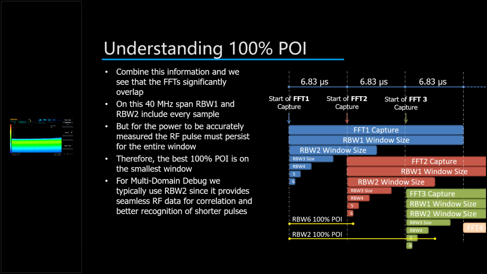Now, we're going to be looking at pulses down as low as a couple of microseconds here, so they're not necessarily going to be accurately measured in power. But in this kind of debugging, that's not what we're trying to accomplish. What we're trying to do is make sure we can visualize the signal, capture it and analyze it in both the RF and the time domain.